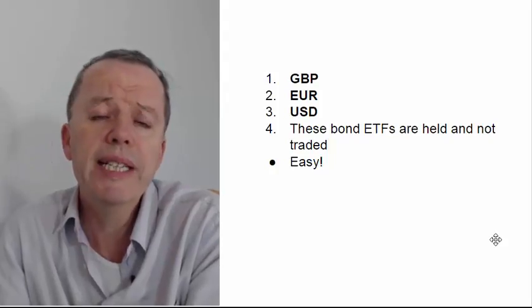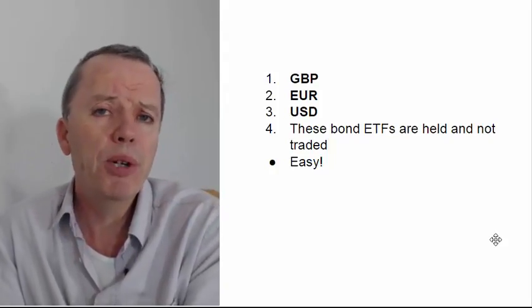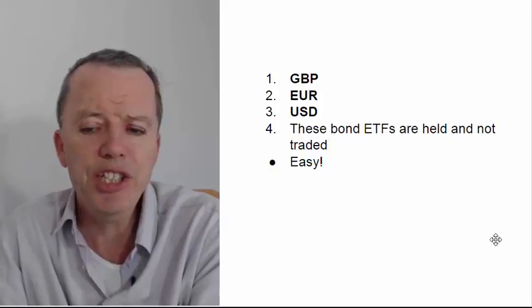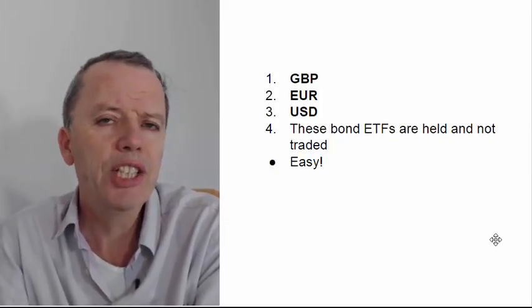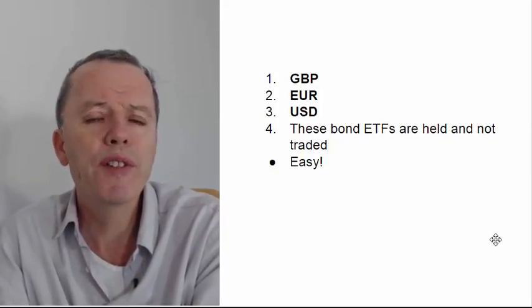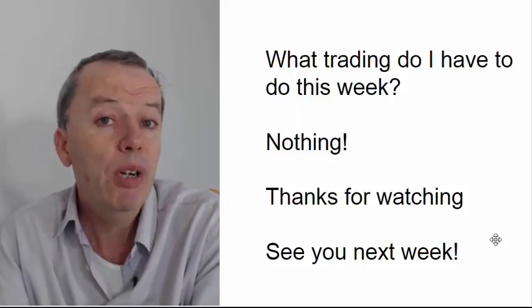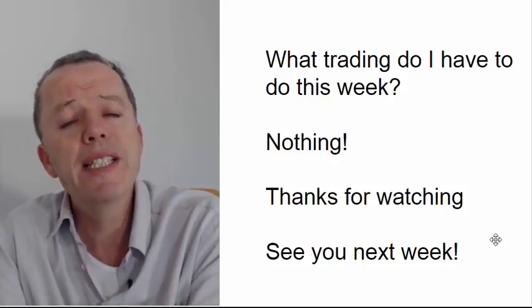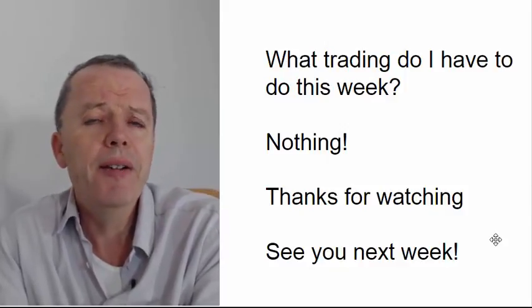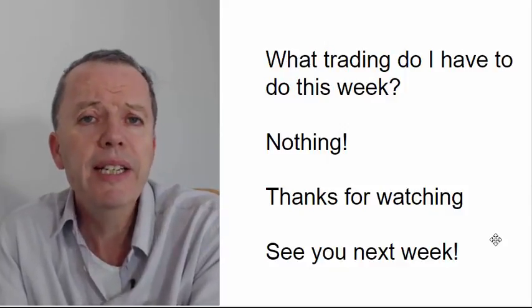So I just hold these, and that gives me exposure to bonds, and there's a bit of currency hedging going on. So I don't actually trade my bond funds. I just hold them. So this week, what have I got to do? Well, nothing. So I'm remaining invested. Everything's fine. I don't need to do anything this week.